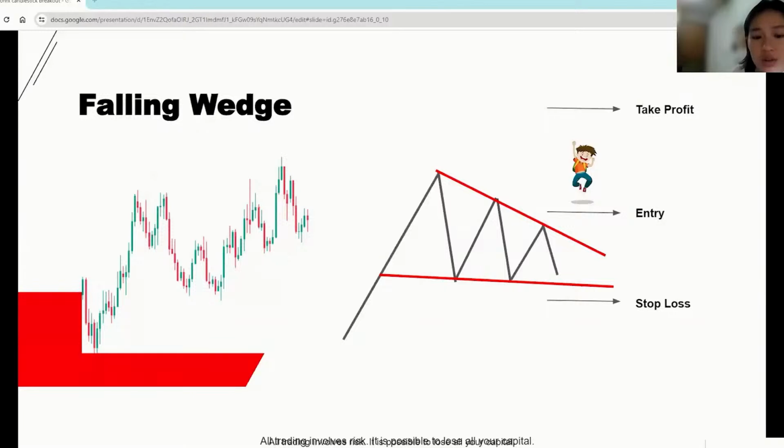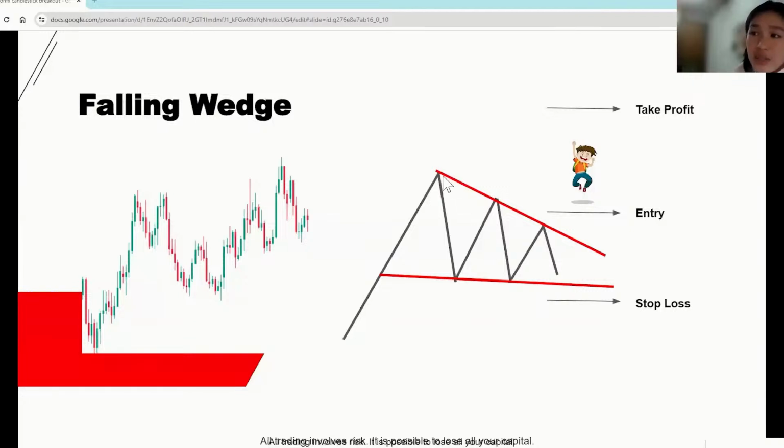I guess these are also your triangles. In this case, a falling wedge would just be a descending triangle. The upper line, which we see here, connects the lower highs to the bottom line.